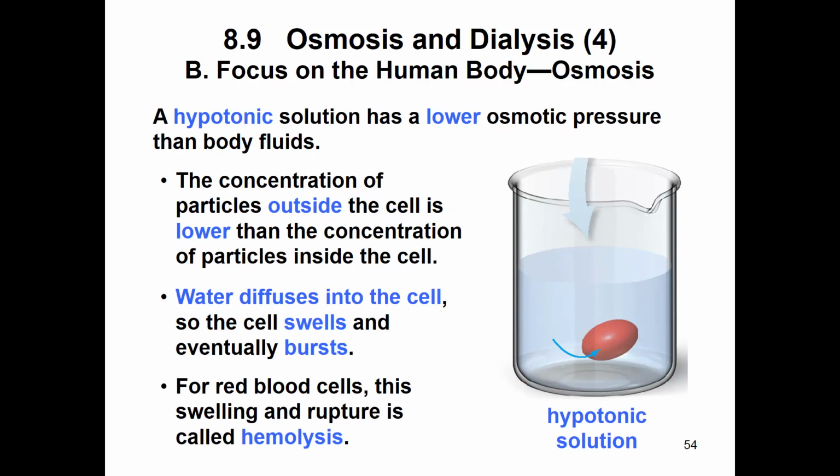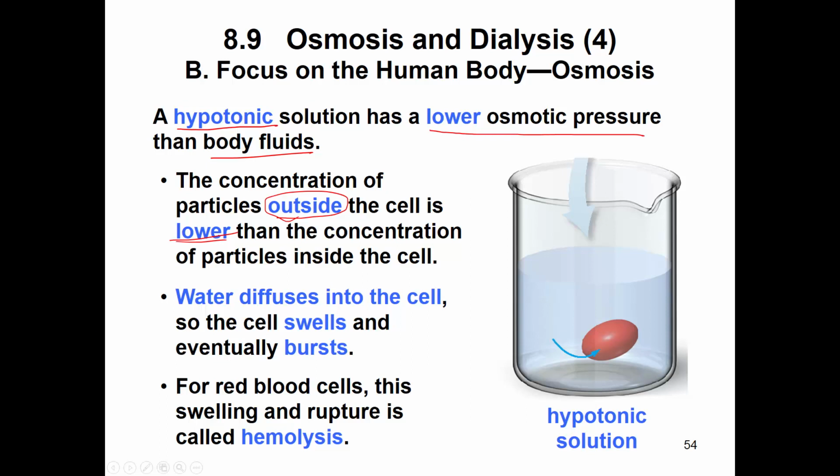Now a hypo means low or under. So a hypotonic solution has a lower osmotic pressure than what you find in the body fluids. The concentration outside the cell is lower than the concentration inside the cell.